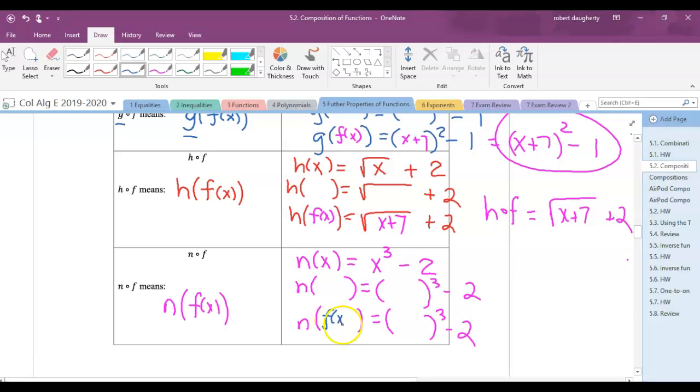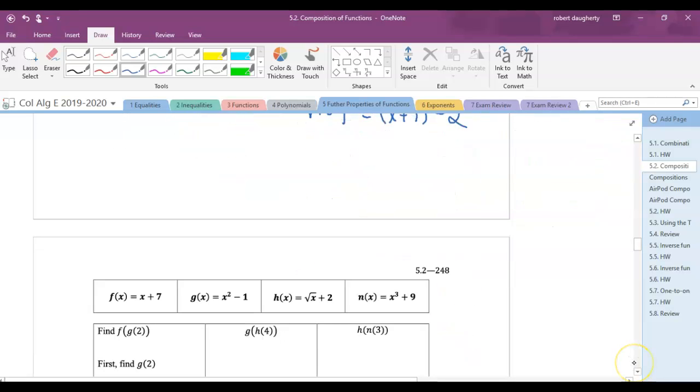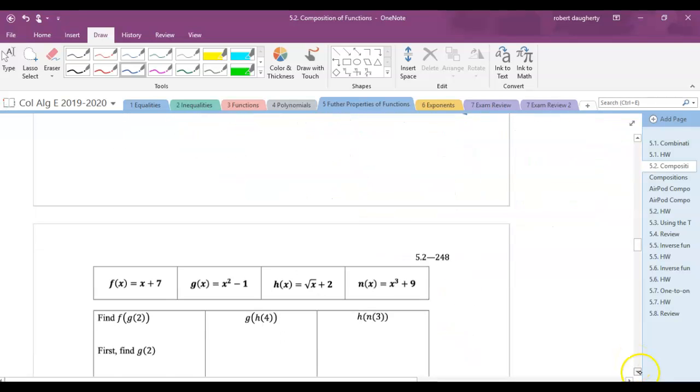Which is what? x plus 7. Okay. So that's my answer. n composition f is x plus 7 cubed minus 2. Okay. Pretty straightforward. If I just see that, that's your answer, that's what I'm looking for. I'm looking for that to be your final answer.